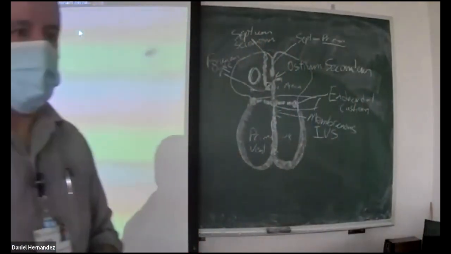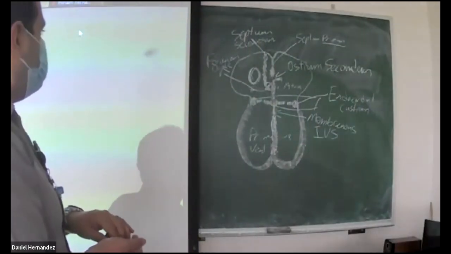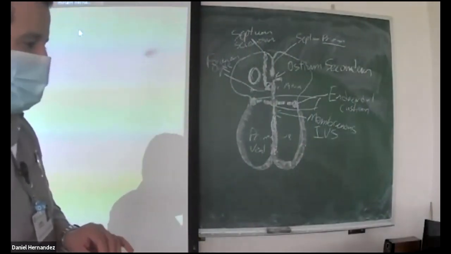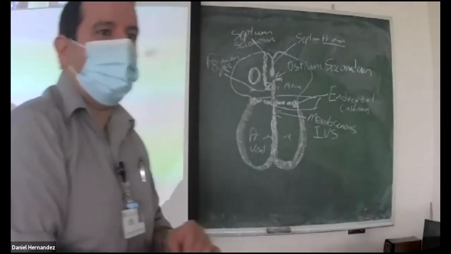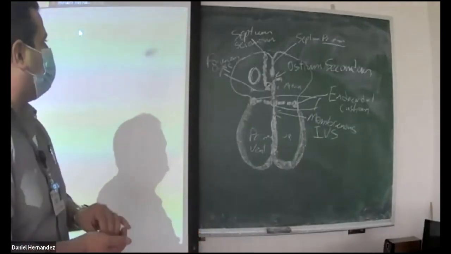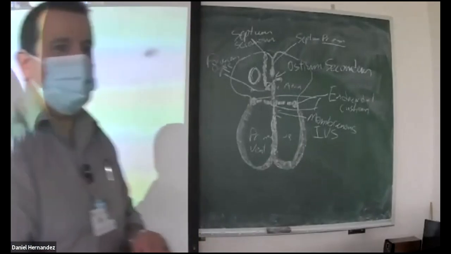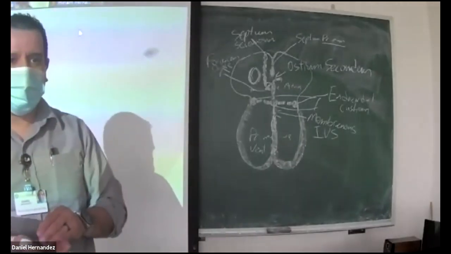When we get into the congenital heart defects, we'll talk more about the D looping and the L looping and the defects that can result from malformations in the L looping.